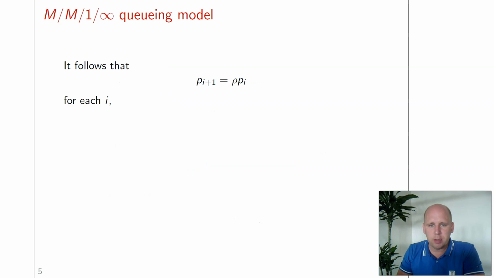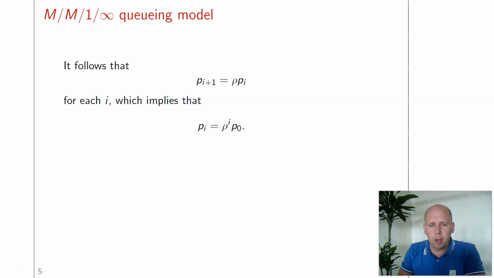So you see that each new term P_{i+1} is rho times the previous steady state probability. And that implies that P_i can also be expressed in terms of P0. So P_i is rho to the power i times P0. So if we have P0, we basically also have all the other steady state probabilities P_i.